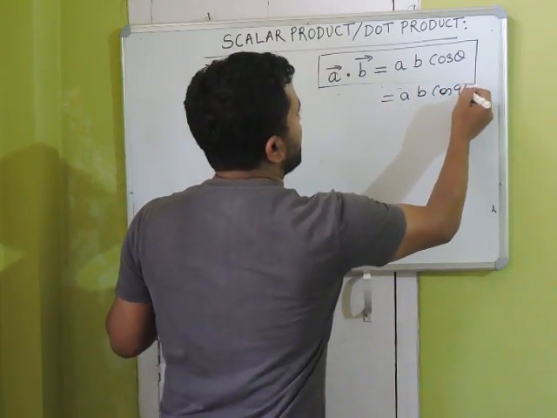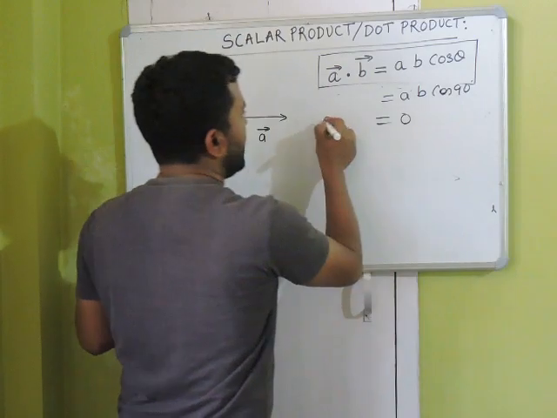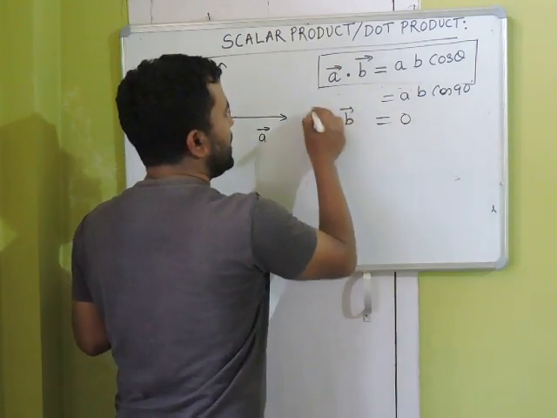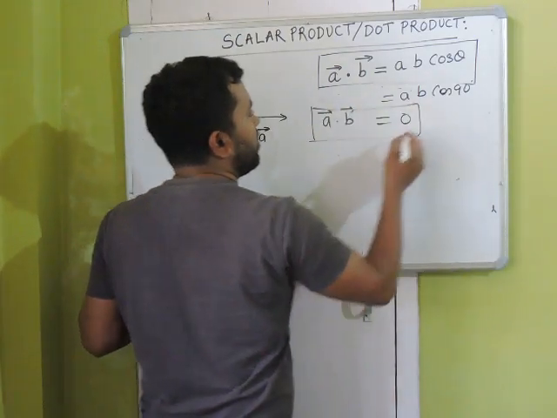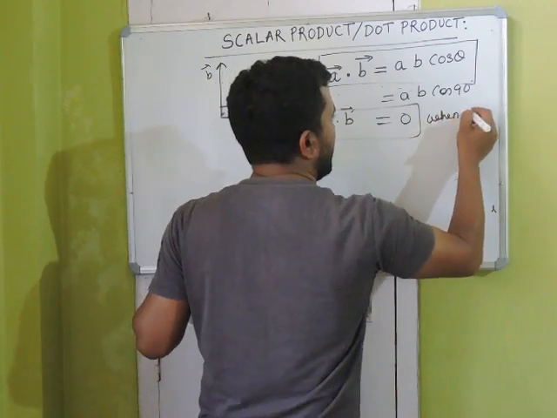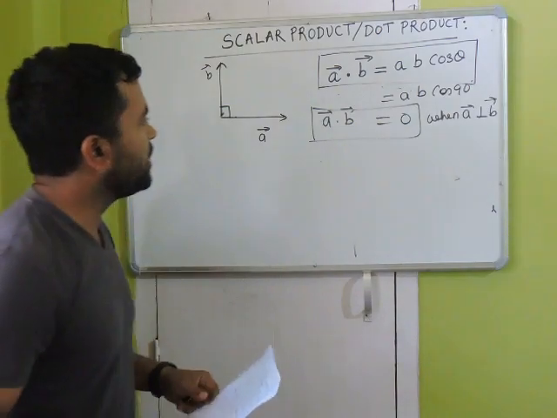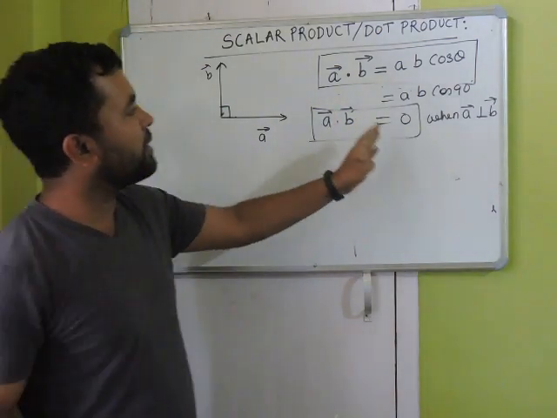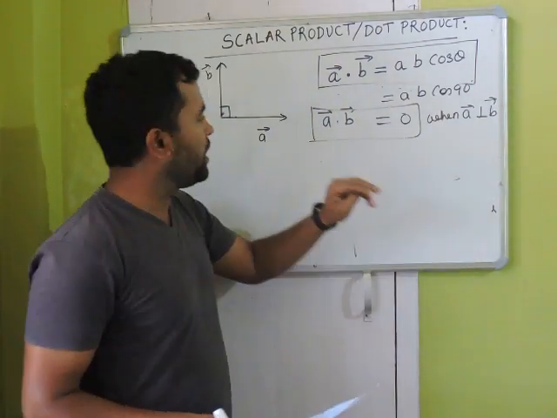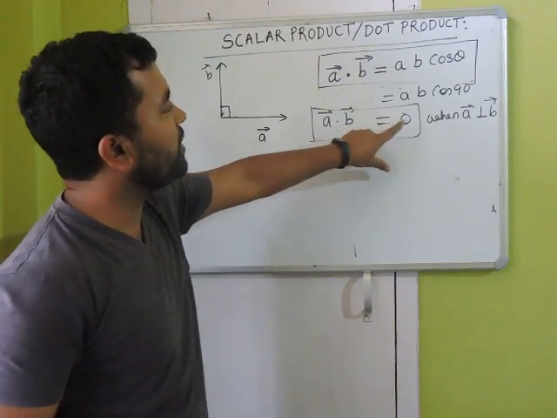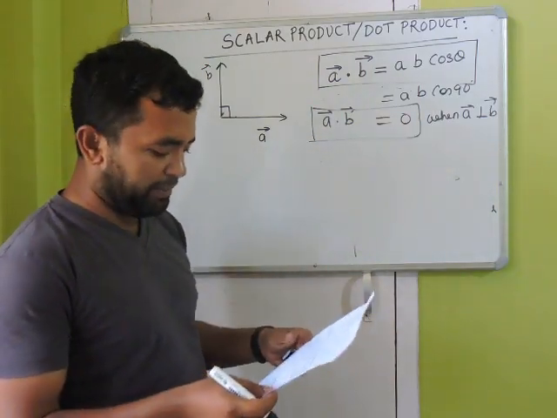Cos 90 is 0, so A dot B is equal to 0 when A is perpendicular to B. So this is very important. If you have to test whether A and B are perpendicular or not, find their dot product, and if it comes out to be 0, then they are perpendicular.